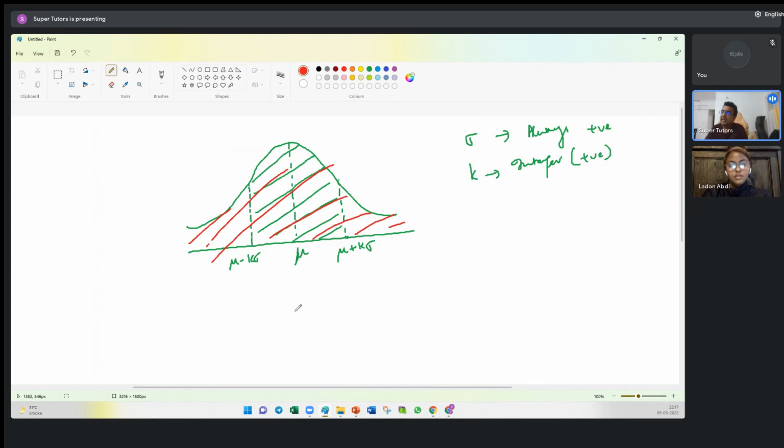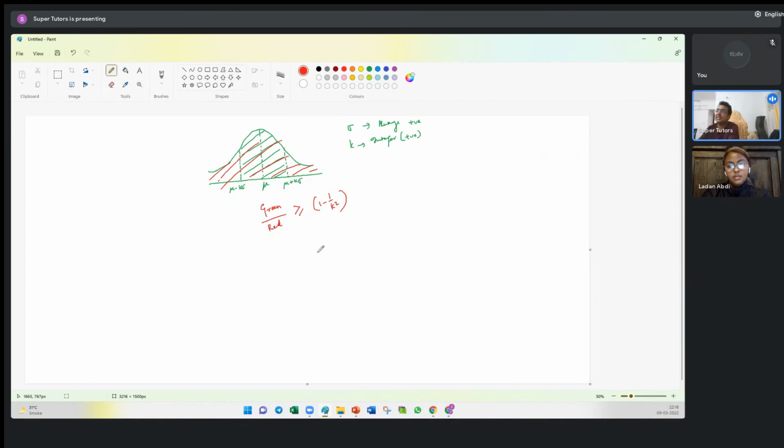And he concluded that the green divided by the red is greater than or equal to 1 minus 1 upon k square. That's the formula. He did not find an exact answer; he found that it is greater than or equal to this ratio.